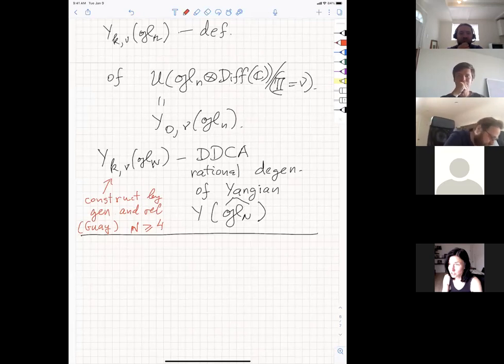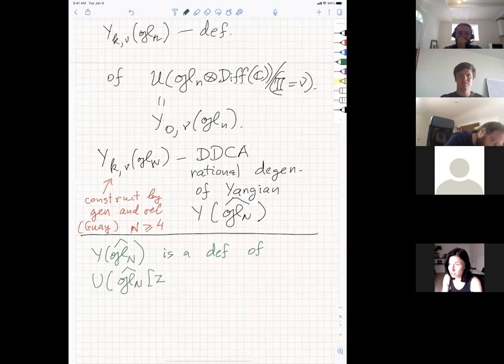So Yangian of GL_N is a deformation of the universal enveloping algebra of GL_N hat of some variable, let's say y, but only positive powers of y.